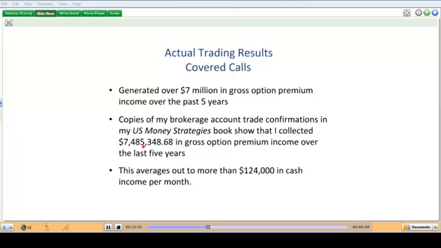And in my U.S. Money Strategies book, I listed my brokerage trade confirmations that show this $7.4 million received in cash over the past 5 years with these covered calls. And this averages out to more than $124,000 in cash income per month over that 5-year period. Again, these are actual results, not simulated.